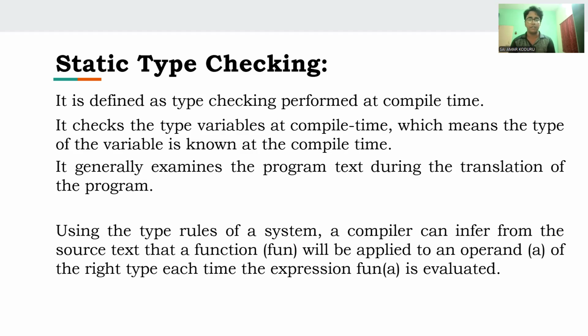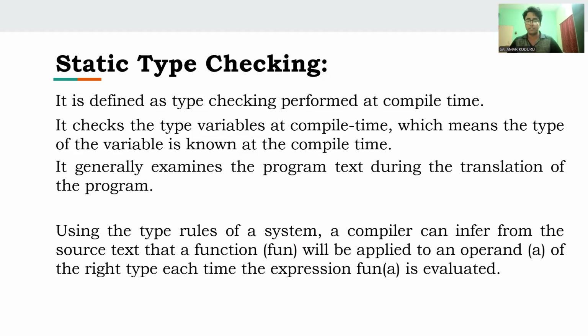It generally examines the program text during the translation of the program. So when translating from one language to another language, that's when the process of type checking occurs and errors are found and modified.